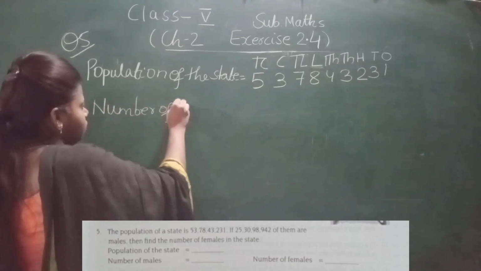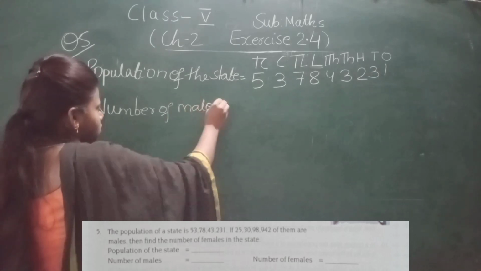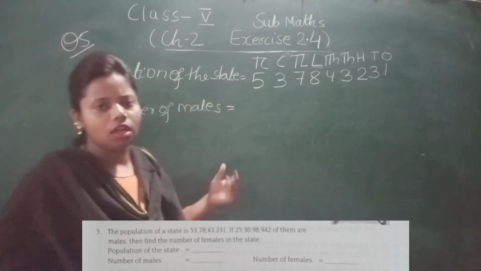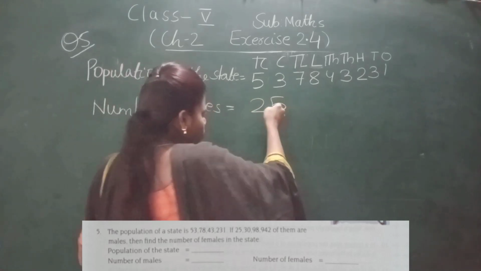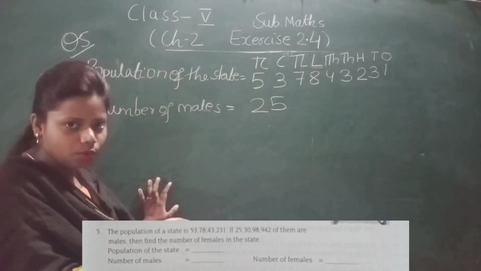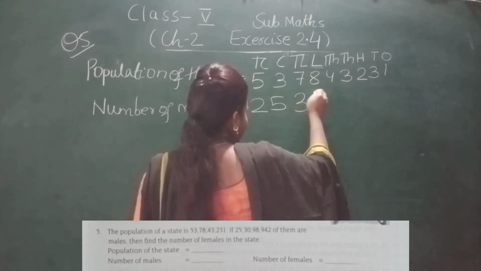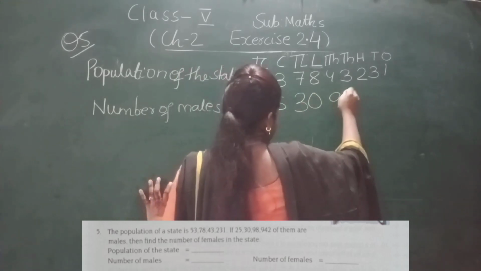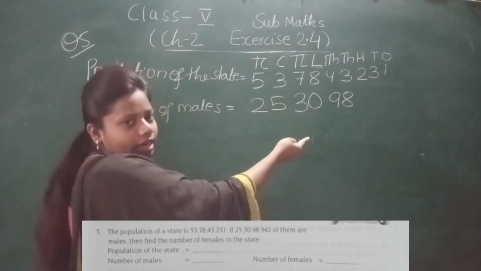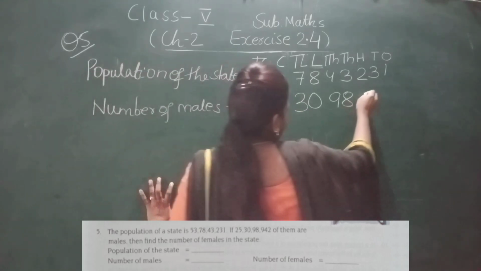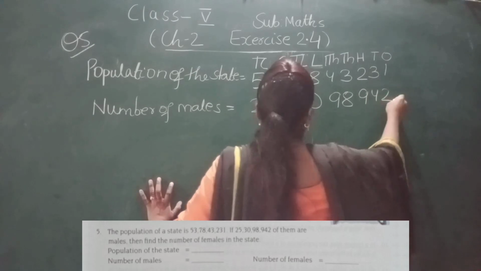Now let's write the number of males. Number of males is equal to 25 crore 30 lakh 98,942.